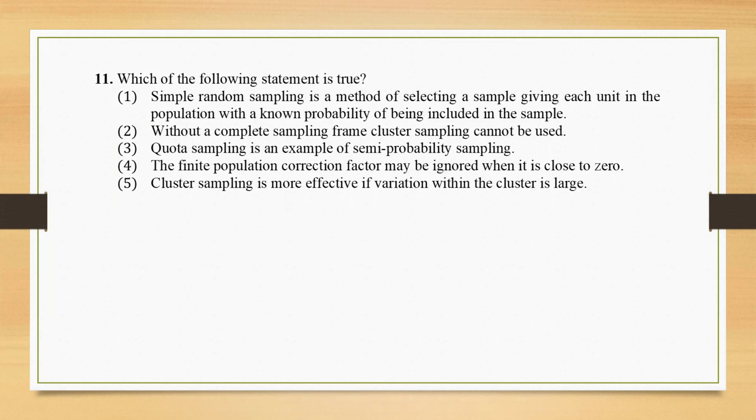When we are defining simple random sampling, we say we select a sample giving each unit in the population a known and equal probability, right? So when we are doing simple random sampling, each unit in the population has the same probability of being included in the sample, not only a known one.